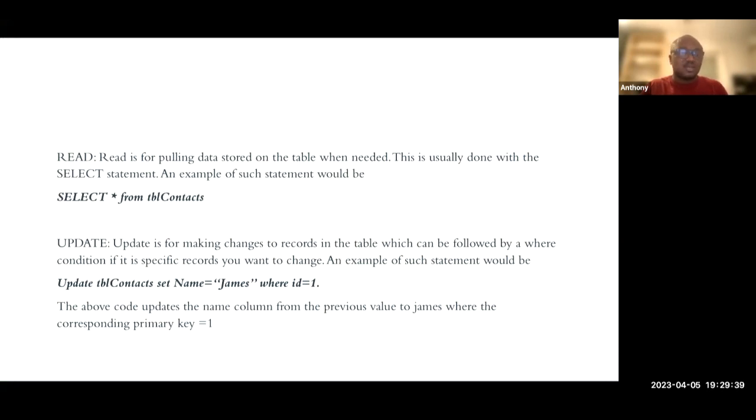Maybe I want to use it for some record manipulations and all sorts, but I just need everything that has been stored here. That is when we use select all from TBL contacts.